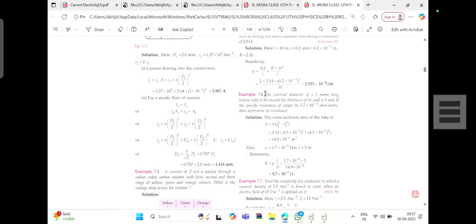Read it. The external diameter of a 5-meter long hollow tube is 10 centimeter and the thickness of its wall is 5 millimeter. If the specific resistance of copper is 1.7 × 10^-5 ohm meter, then determine its resistance. So in this problem you have to find the resistance, and it's a hollow tube like that.